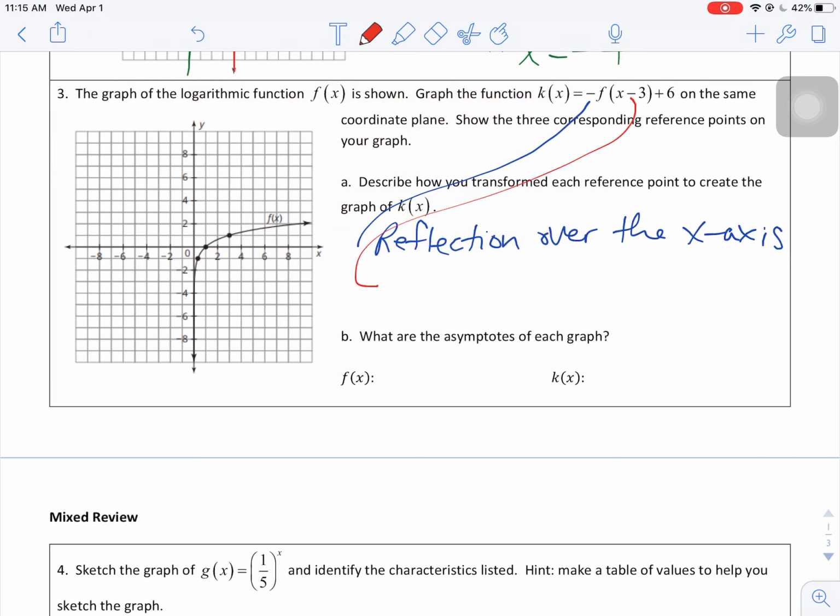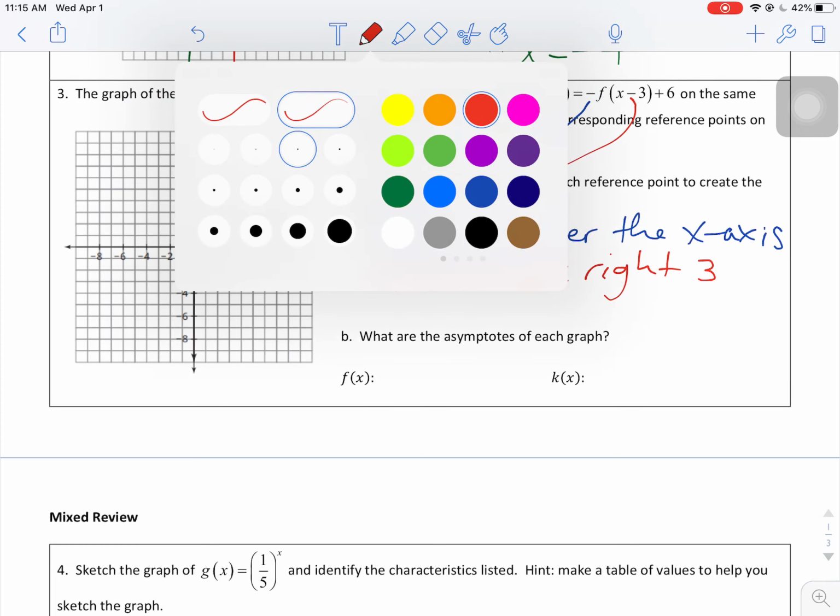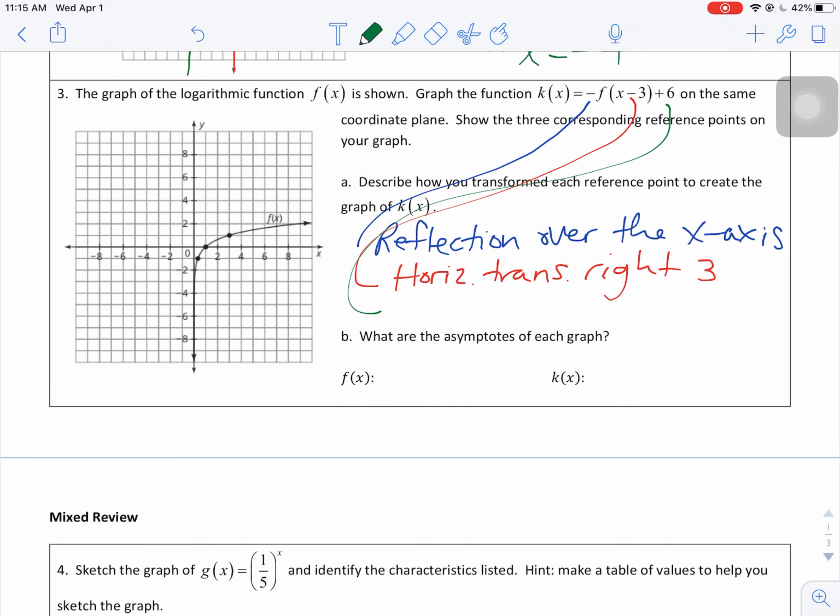The -3 is inside the parentheses, so that's a horizontal translation, right 3. And then that +6 would be our vertical translation, up 6. So when I look at my original graph, I have a vertical asymptote right here at x equals 0. So the asymptote for f of x is x equals 0.